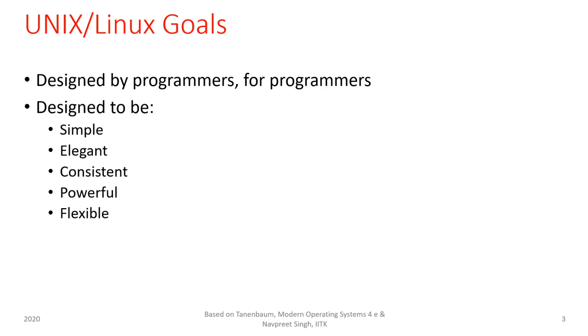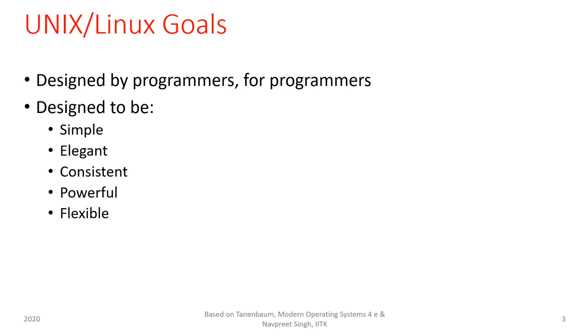In terms of design goals for these operating systems, particularly the Unix operating systems, given the era from where they start, they were primarily designed by programmers, but also for the use of programmers or people who had a much more fundamental understanding of computing and who were able to write their own programs, scripts, and so on. So that is the nature of the users, at least at the initial part of these operating systems. That was the initial goal there.